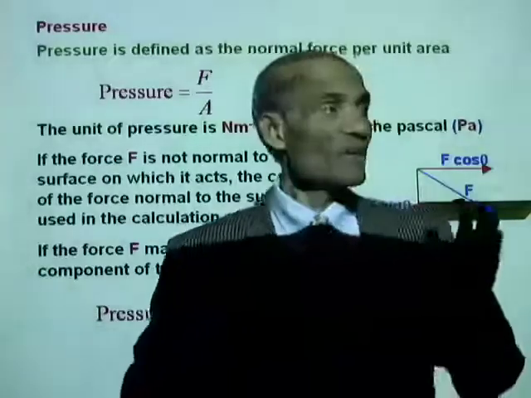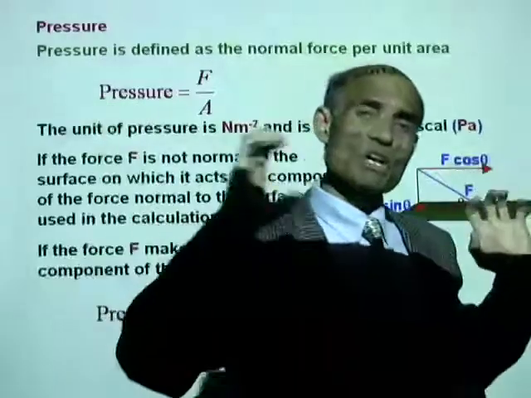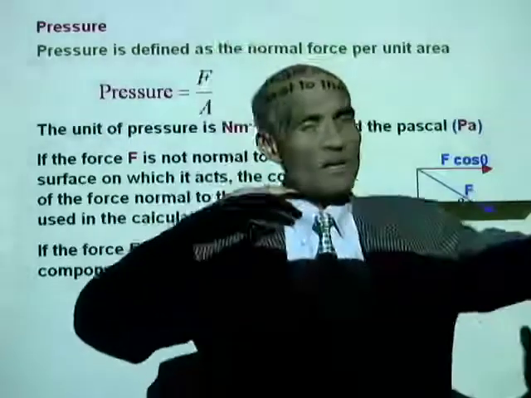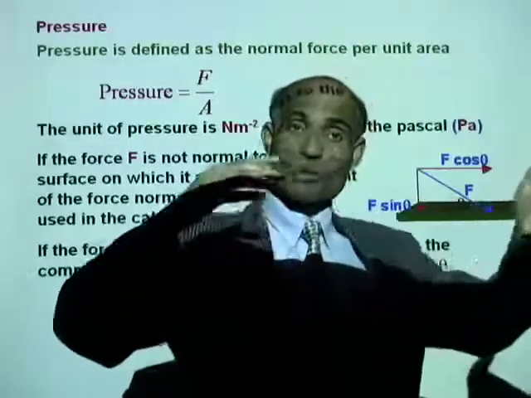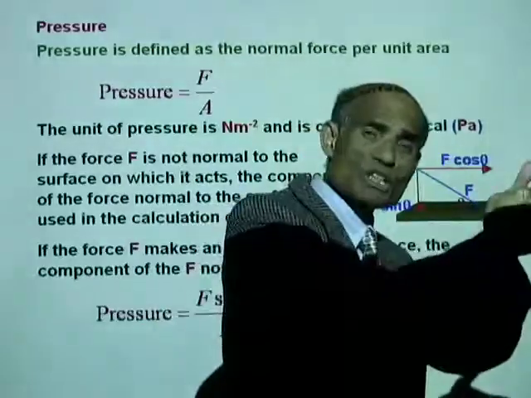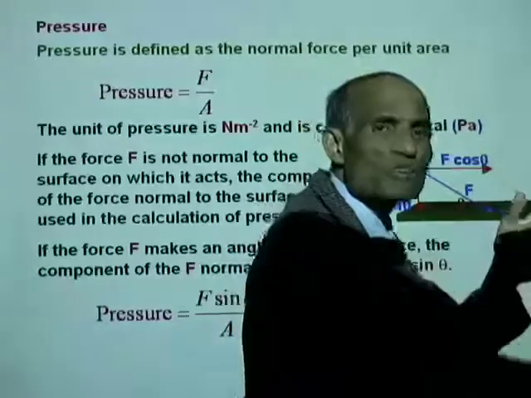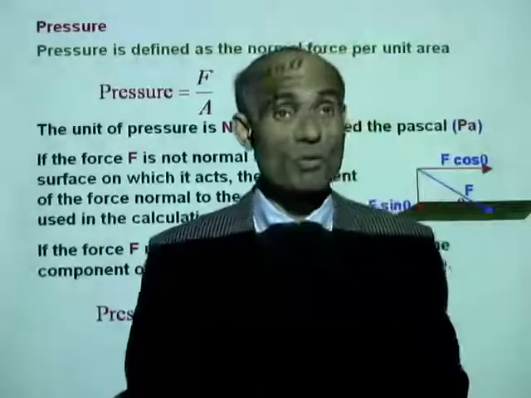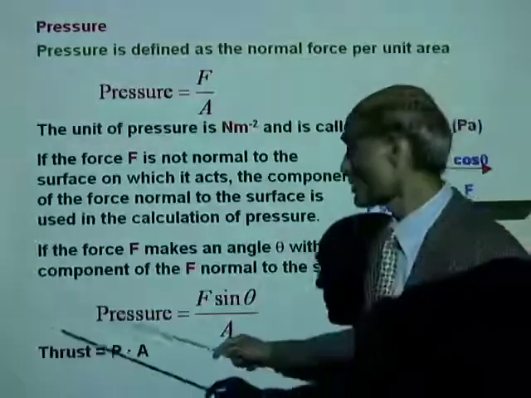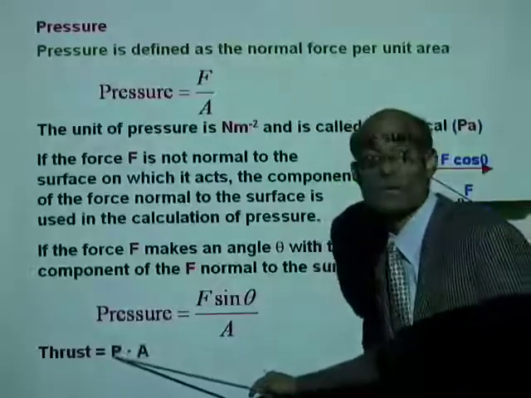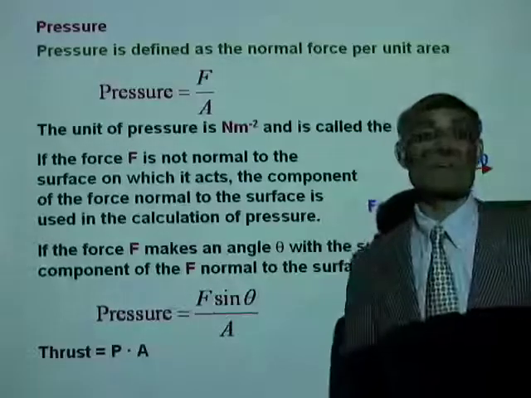If there is a big dam built, the total pressure of the water that is pressing onto that wall is called the thrust on the wall. So the thrust equals pressure multiplied by the area.